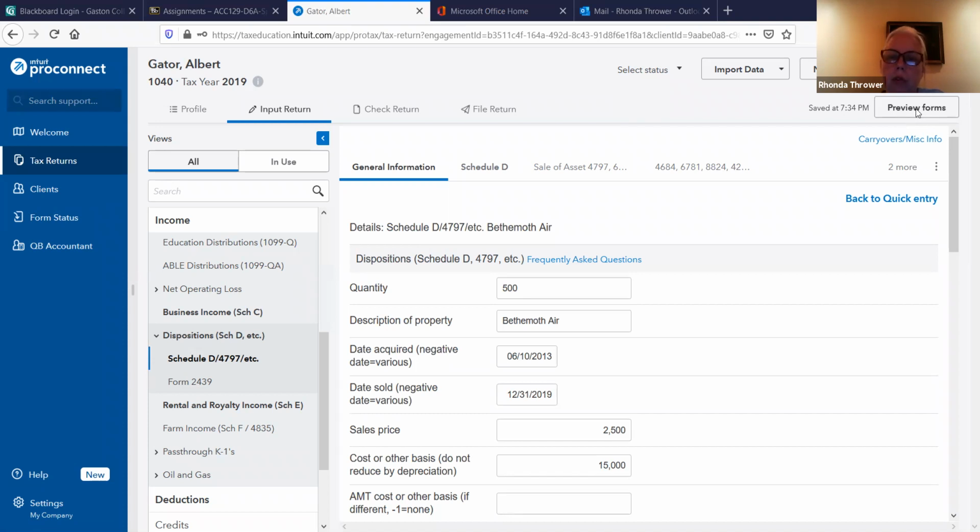I'm clicking on preview forms. I'm going to wait till it loads up. I can see on my screen that I've got the forms loaded. I'm going to do a new share and see if I can find those forms.